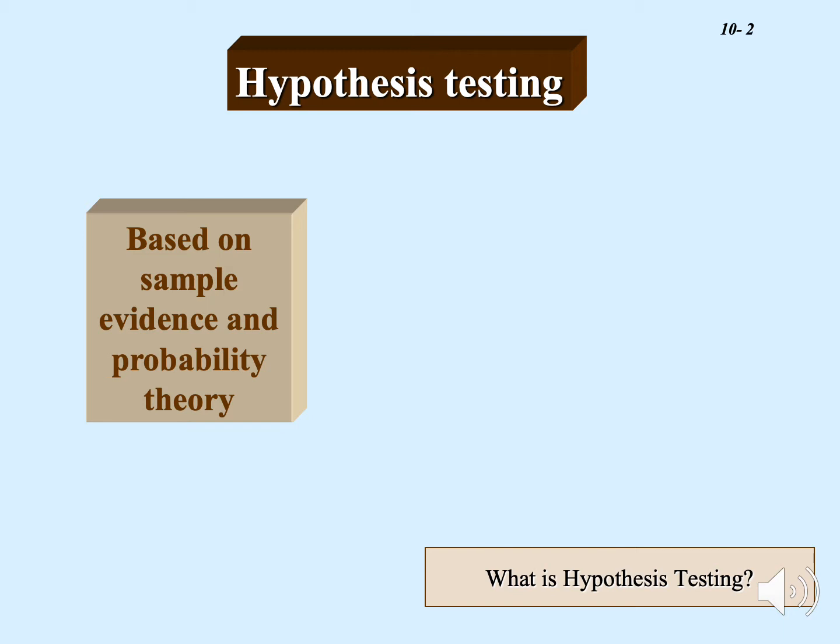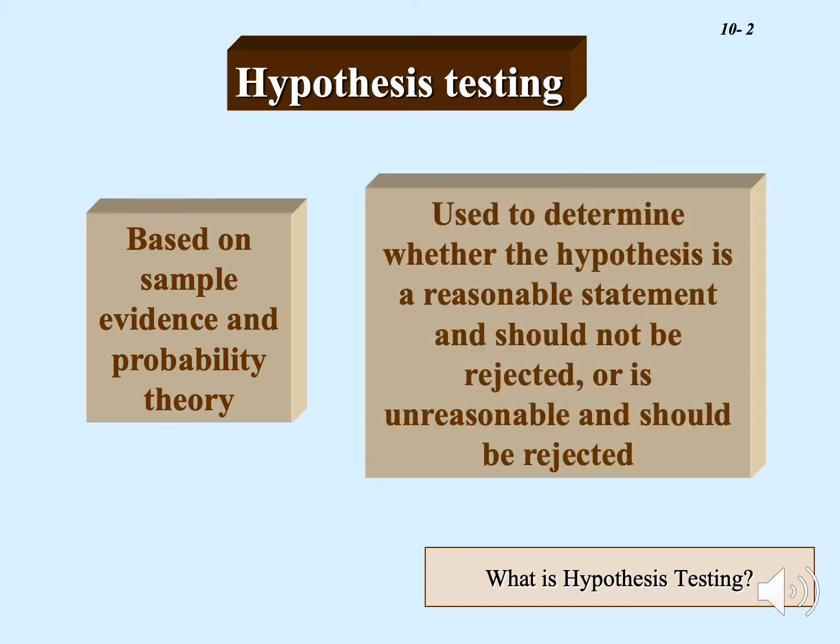So there are some lessons on probability because hypothesis testing is based on sample evidence and the probability theory. And it is used to determine whether the hypothesis that you propose, or the researcher's hypothesis, is a reasonable statement and should not be rejected, or is unreasonable and should be rejected.